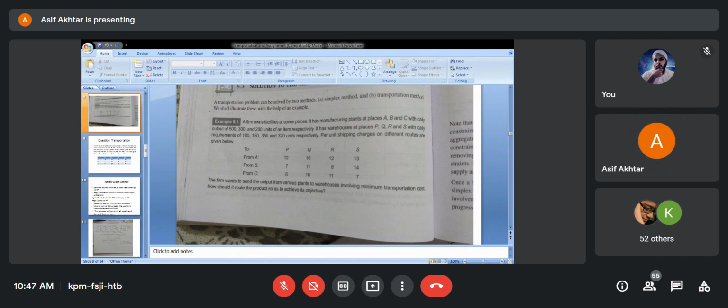Okay, so let me read this problem for you so that you will understand it from my point of view. Okay, how many sources do we have in this problem?